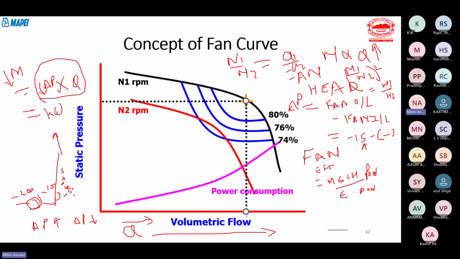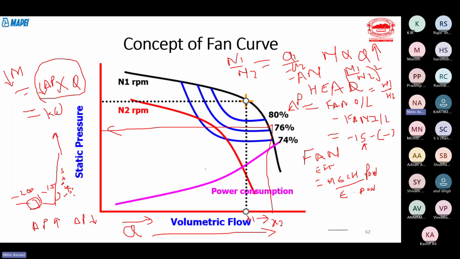Suppose this is my X1 flow I am getting now. If I go to the X2 part at the same RPM and draw the line like this, what will happen? The pressure head or system resistance will decrease and automatically my flow will increase.